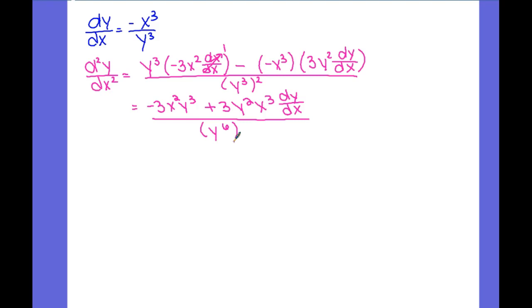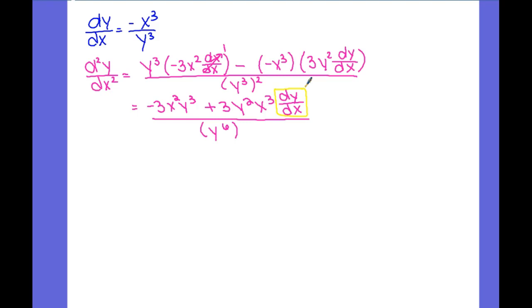What's happening in this derivative that really doesn't look like what we're used to? Yeah, so we have x and y's together. But what about this right here? Do we normally have that dy/dx kind of floating with our variables?